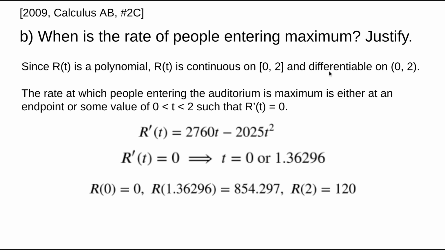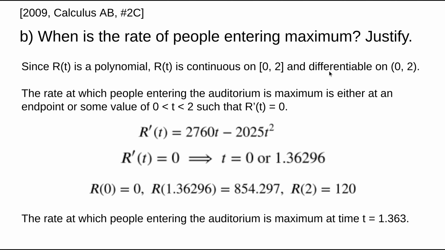And then R of 2, that just turns out to be 120. So looking at these 3 values, the endpoints turn out to be 0 and 120, and then the rate at t equals 1.36296 is 854 and change. So from this, it's pretty obvious that the rate of people entering is maximum at t equals 1.363.